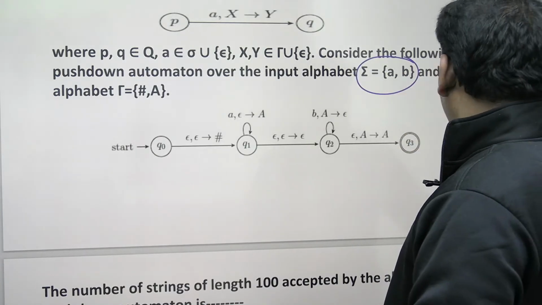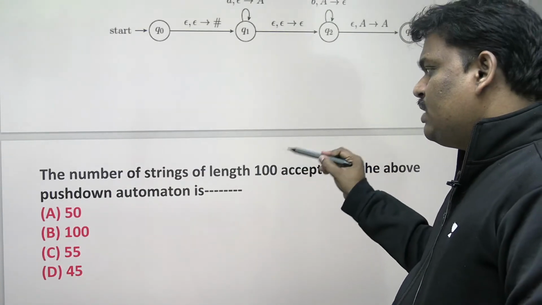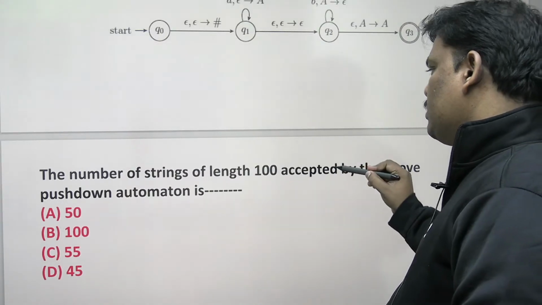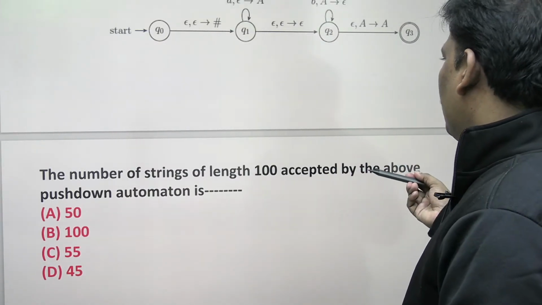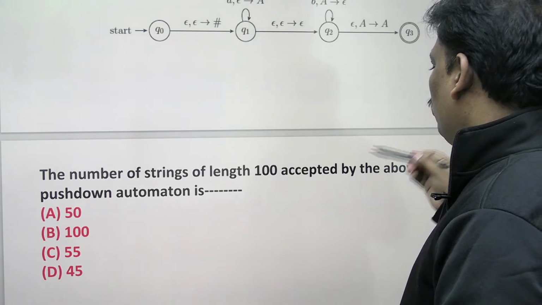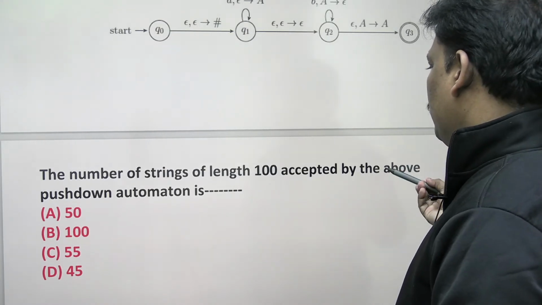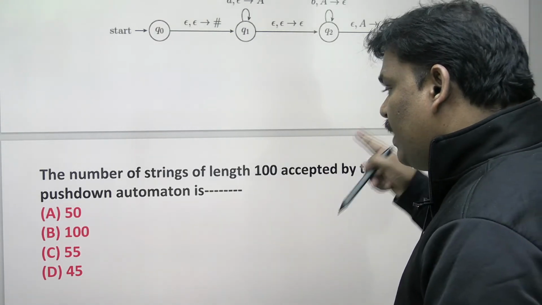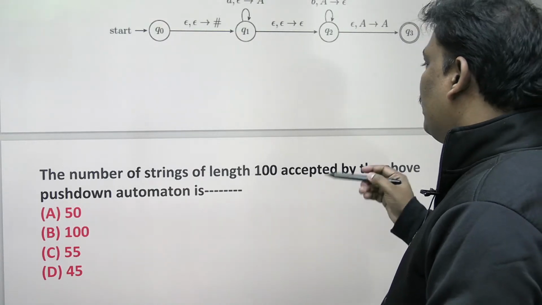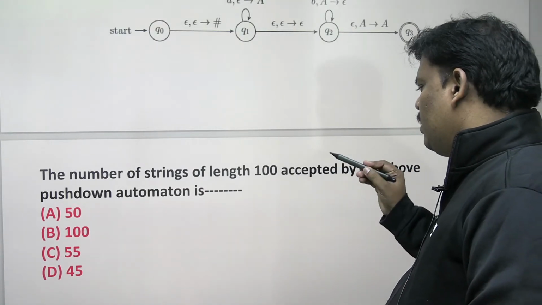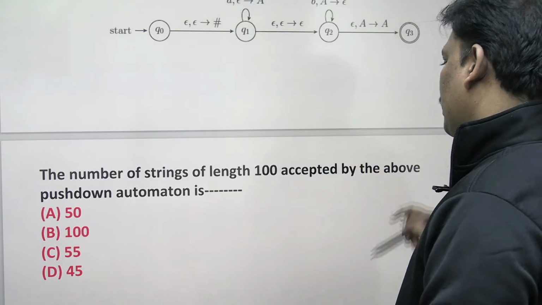Over the alphabet a, b, 100 length strings have two possibilities everywhere, so 2 into 2 into 100 times, approximately 2 power 100 strings are there.